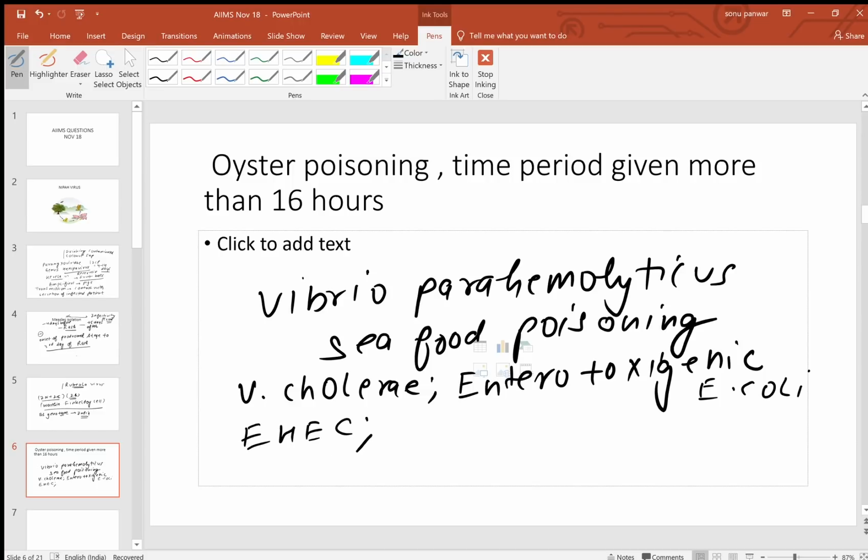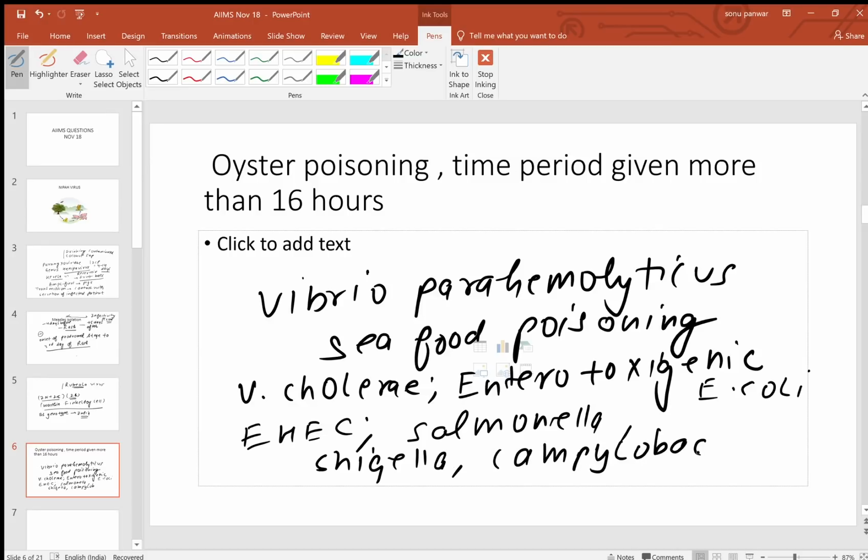Enterohemorrhagic E. coli can also go more than 16 hours. Along with that, Salmonella, Shigella, and Campylobacter, all of these can be related to food poisoning after 16 hours. So remember all these when it comes to more than 16 hours.